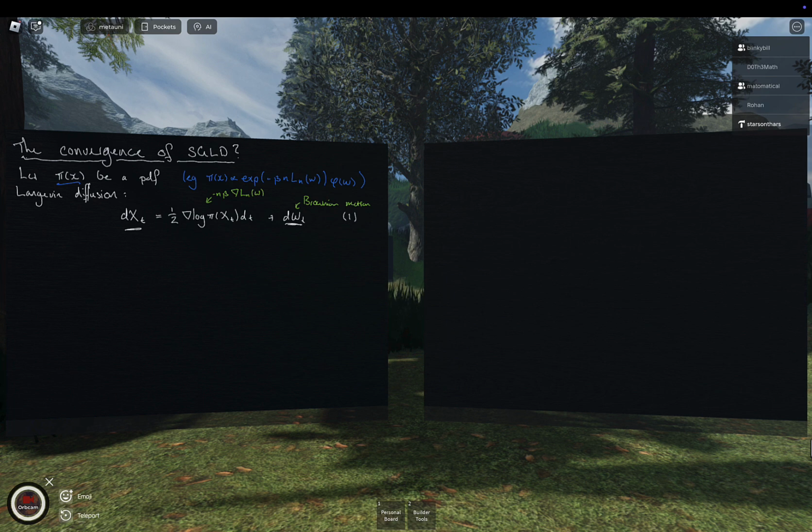Okay, so we'll let x of t be a solution, and x of t is an example of what we would call a time homogeneous Ito diffusion.